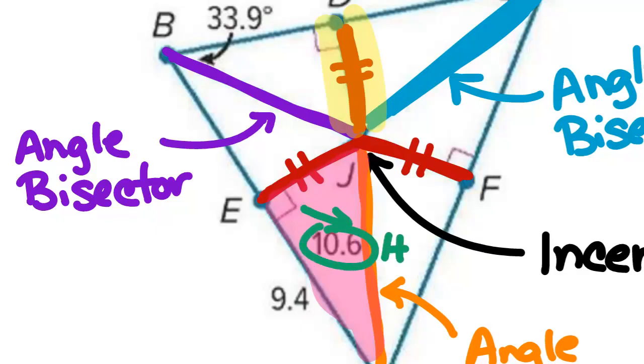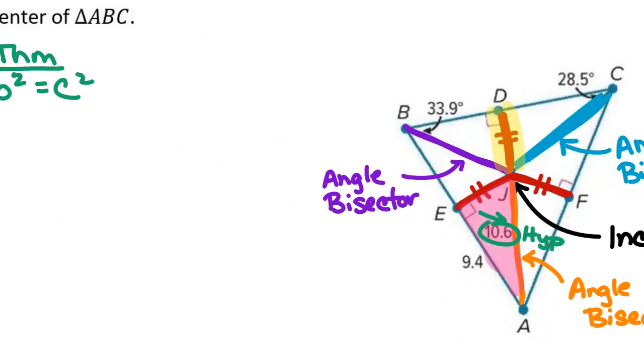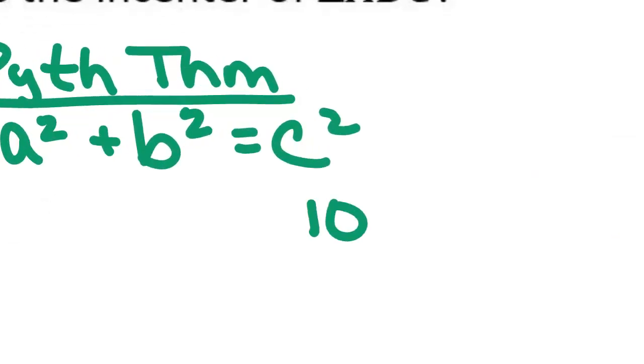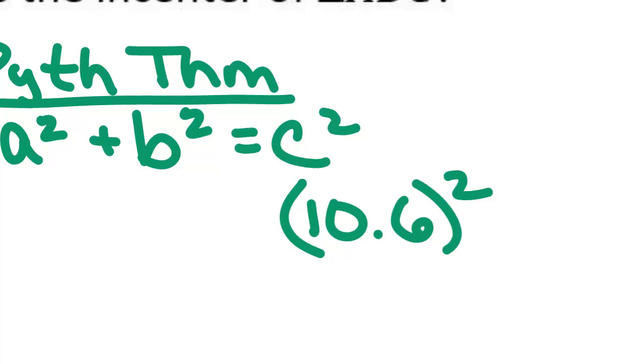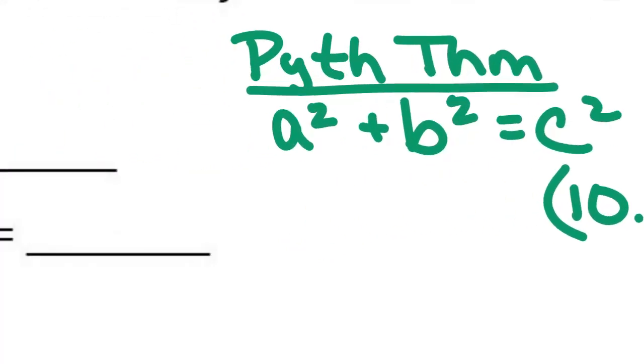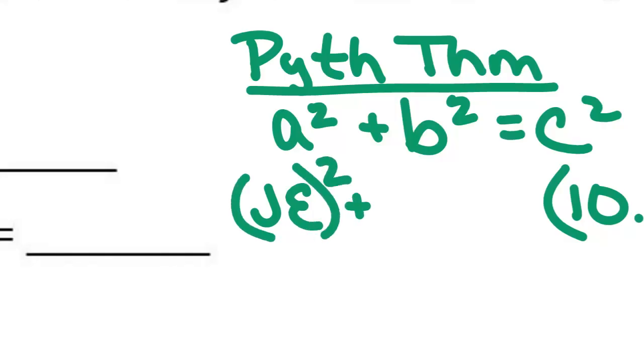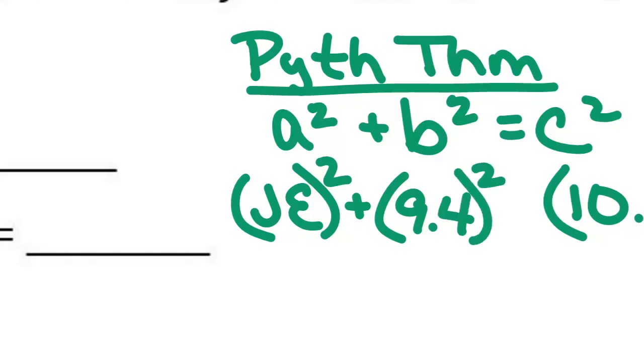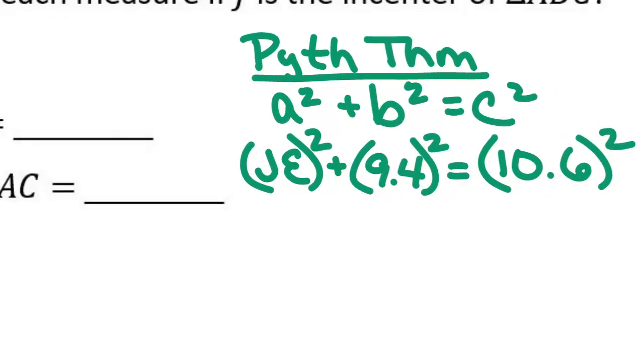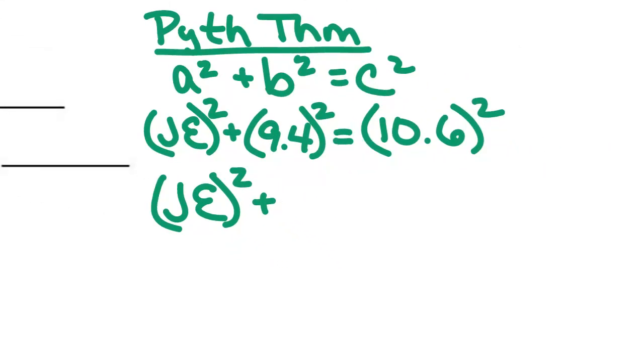So this 10.6 is the hypotenuse, and I'm going to put that in for C. So I would have 10.6 squared. One of my legs is JE, so I can put JE in for either A or B. The other side is 9.4. So I have JE squared plus 9.4 squared equals 10.6 squared.